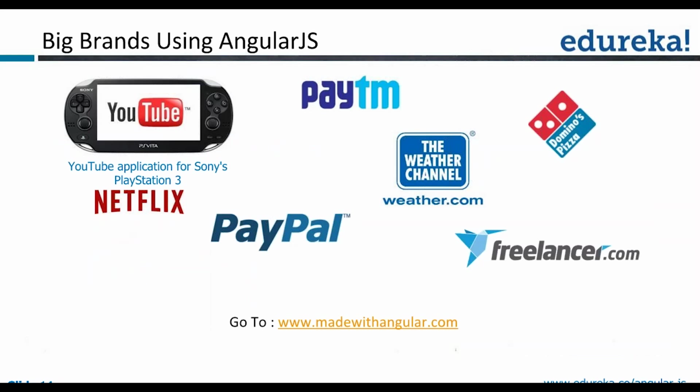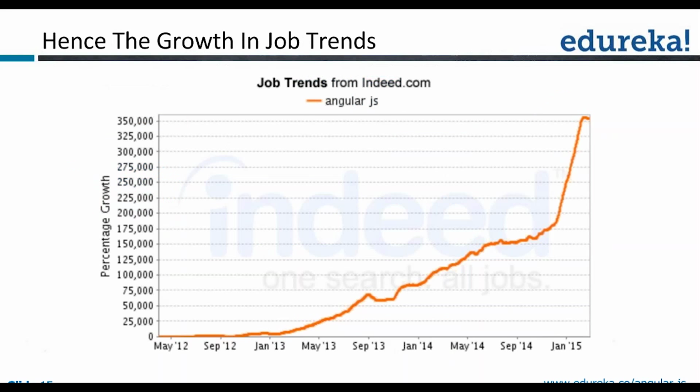So what is the scope of AngularJS today? Most of the companies have started adopting AngularJS. Not only AngularJS, most of the client-side libraries are evolving, and there is a lot of awareness of client-side programming, mostly from user-driven applications. You can see the trend from Indeed.com, where we have a graph of how AngularJS has grown over the months.